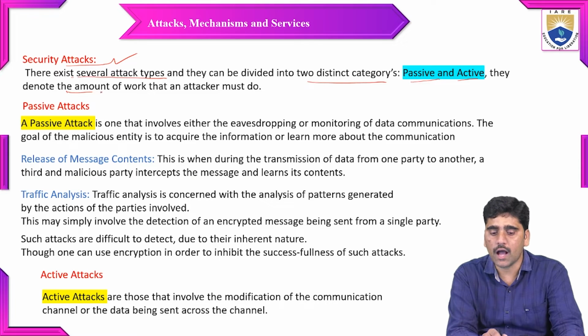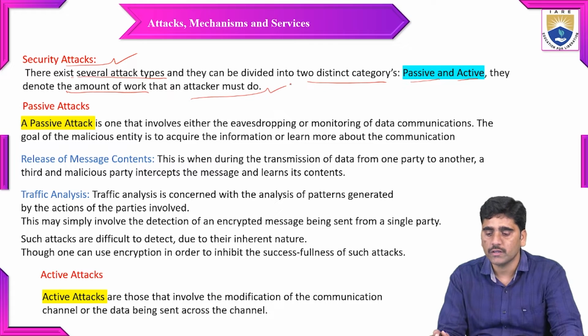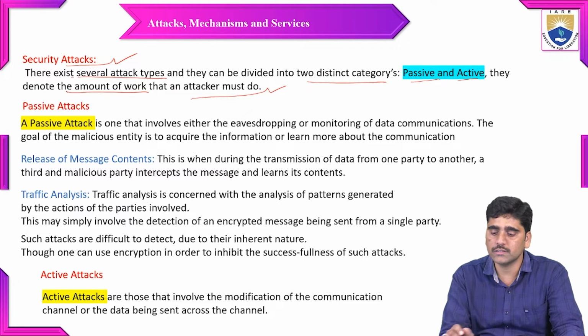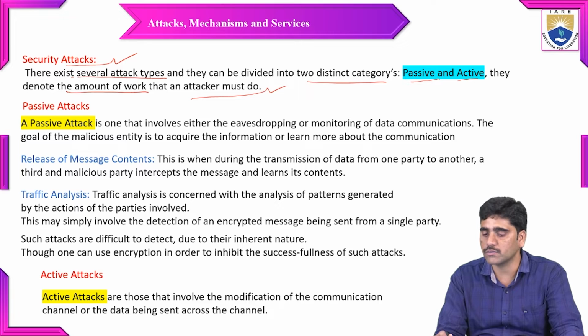They denote the amount of work that an attacker must do, that is, how much effort is put on the attacker's channel. That shows whether it is a passive or an active attack.